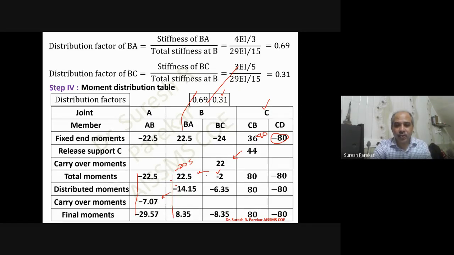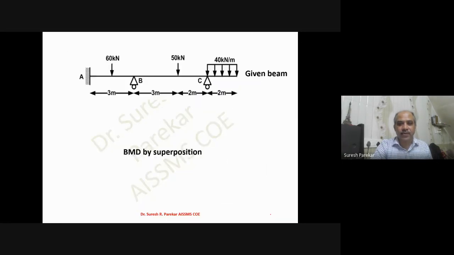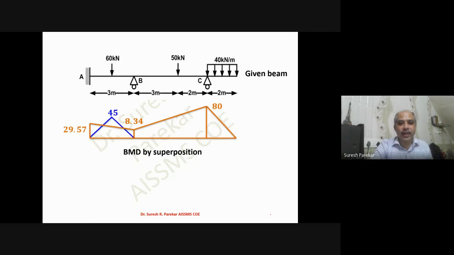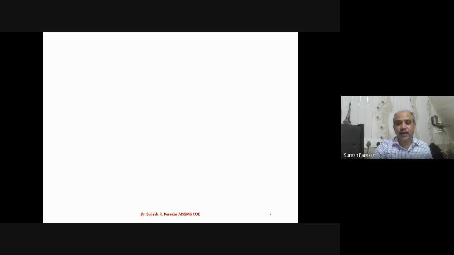We are not going from the top again, because we have already considered the total moments from the top, and then we go below this and plot it. So we have 29.57, then 8.34, 80, then 0, and here we have WL by 4, then here WAB by L, and as it is an overhang, we do not have any simply supported moment over there.